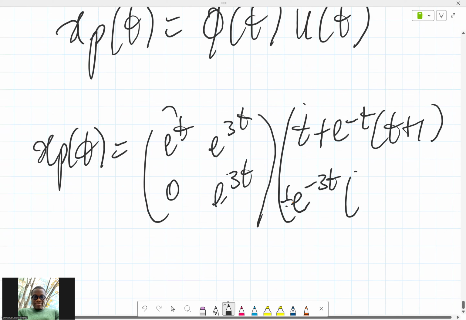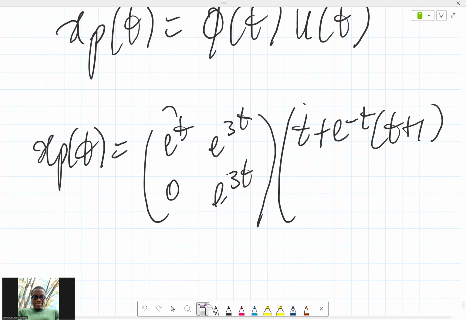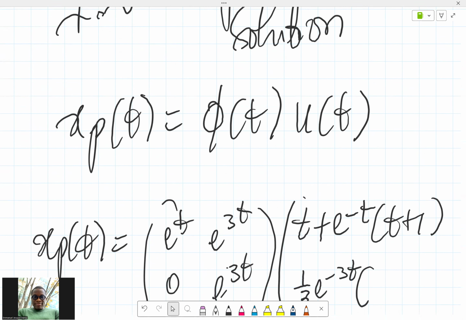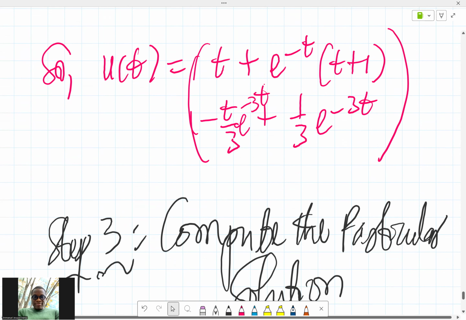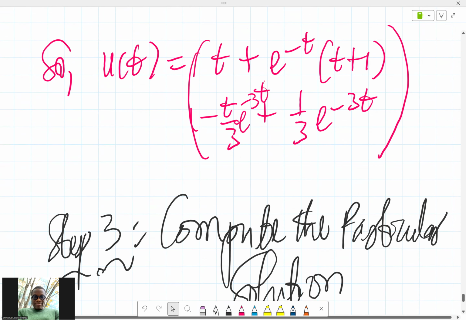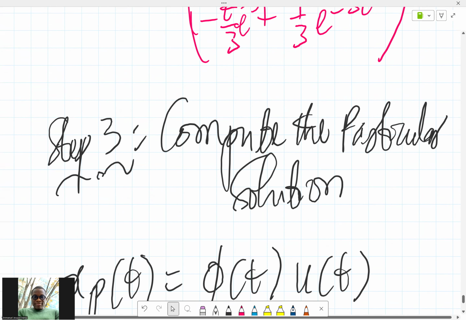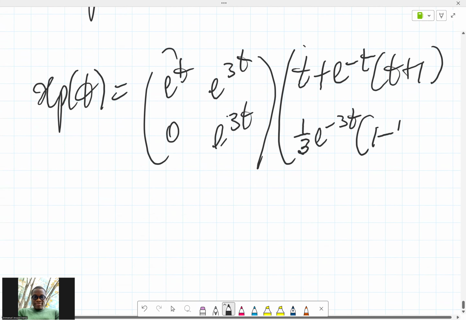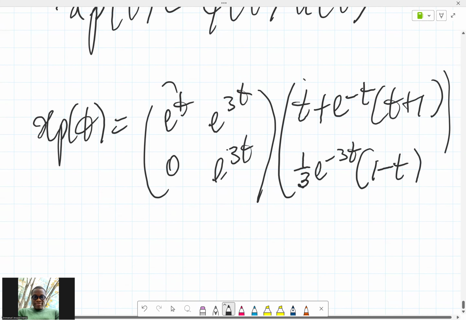Or we can even take out the 1 over 3, I want to make it as tidy as possible. So I can have 1 over 3 e raised to power minus 3t into minus t plus 1, that is simply 1 minus t. I think that's tidier.